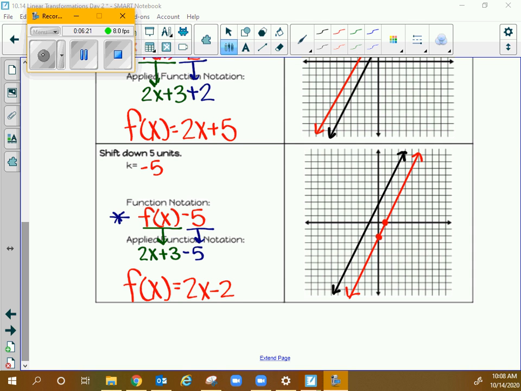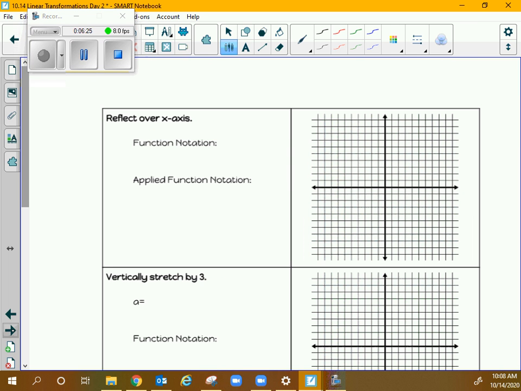Those are the easy ones. Now flip the page. We're still using f of x equals 2x plus 3. Go ahead and graph it on these 3 graphs with your pencil, your original color.